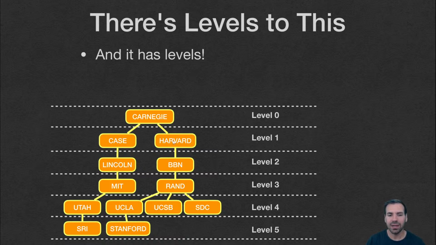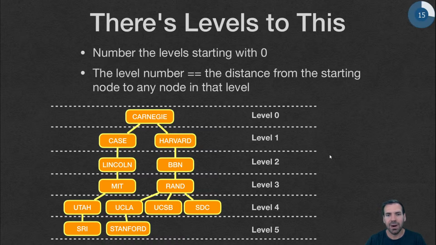Level 1, then traverse another edge, level 2, level 3, level 4, level 5. If we label these levels like this, what we end up with is the property where the level number for a node is exactly its distance from the starting node.